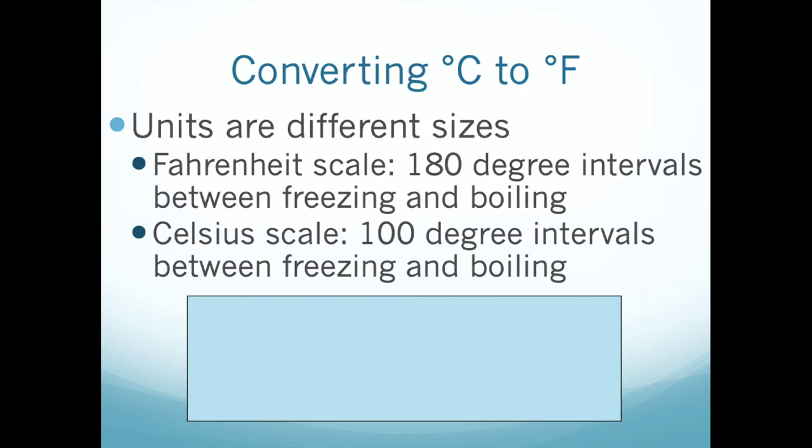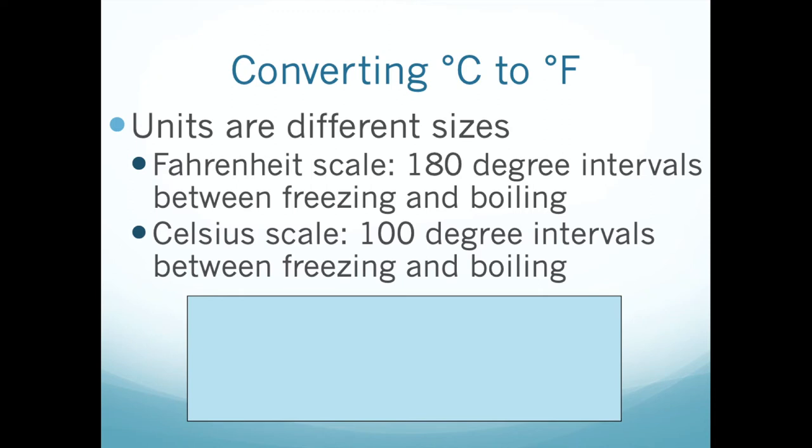Okay, so how do we convert from one to the other? Well, I pointed out that we have a difference on the Celsius and Fahrenheit scales. Celsius is calibrated by looking at what temperature water freezes and boils, but they both are used to measure the temperatures of things.